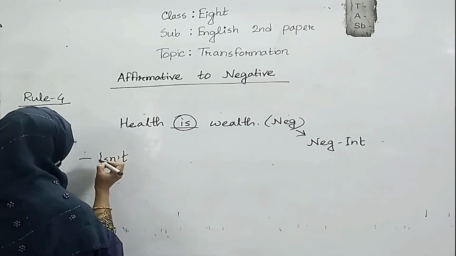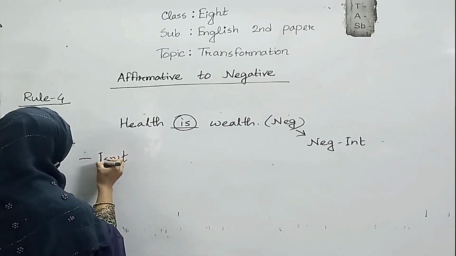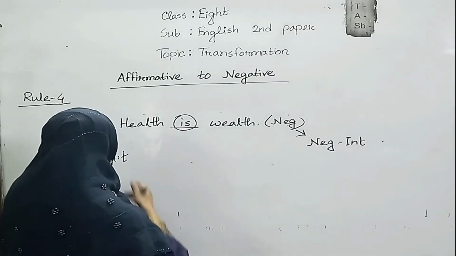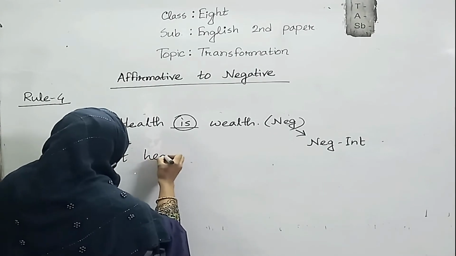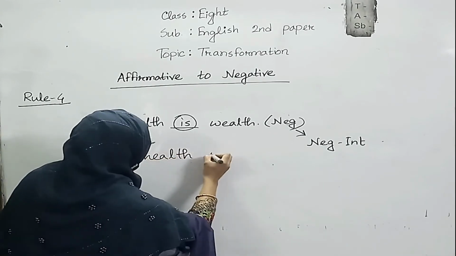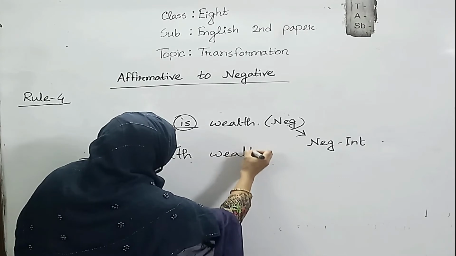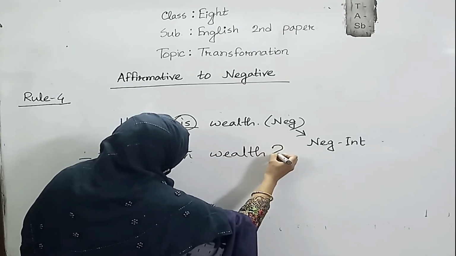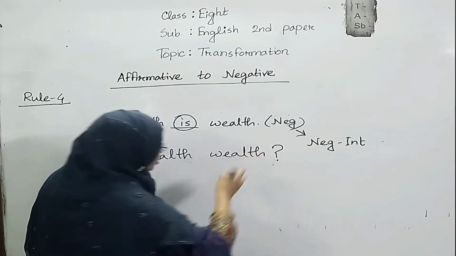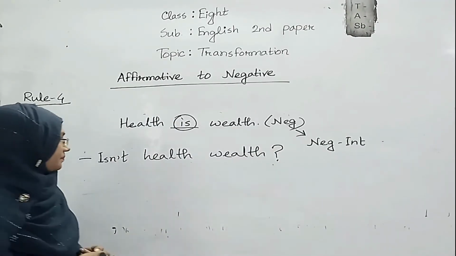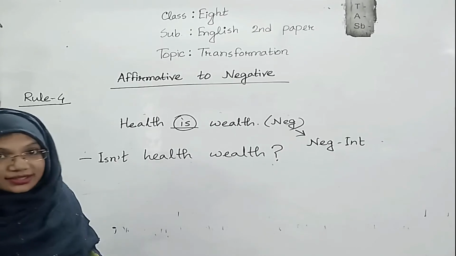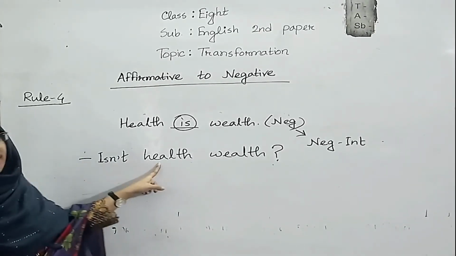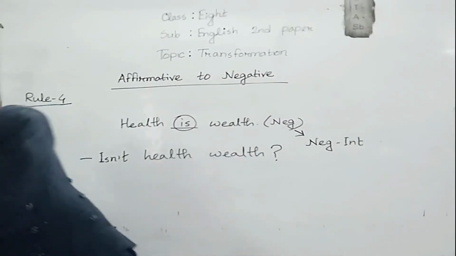Then the rest part of the sentence: Isn't health wealth. For the negative interrogative form, we have to give here a note of interrogation. So the answer is: Isn't health wealth?